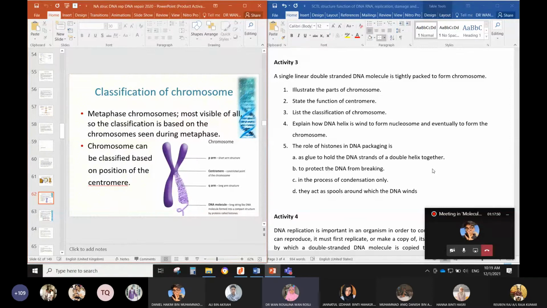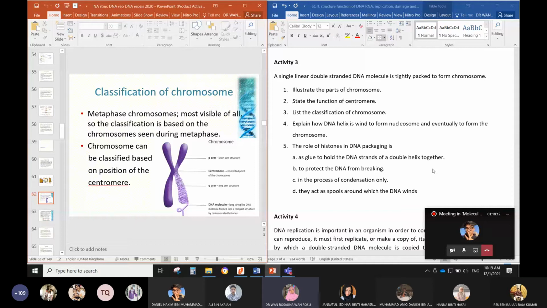So now you know that P arm is the short arm at the upper structure, and the Q arm is the long arm at the bottom. So you know where the gene is situated. That's why we have the parts of the chromosome.